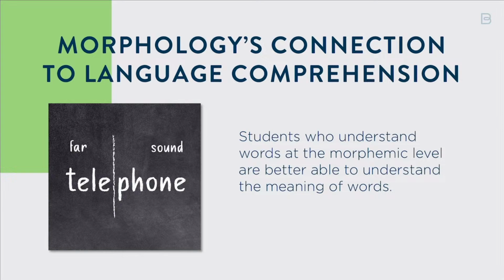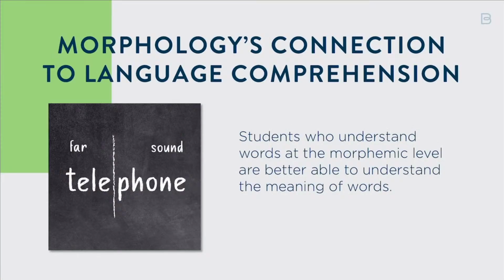When we have a word, for example, like the word telephone, and students understand that tele means far and phone means sound, even if they've never read the word telephone before, they can apply these meanings to the word itself and understand what that invention is.